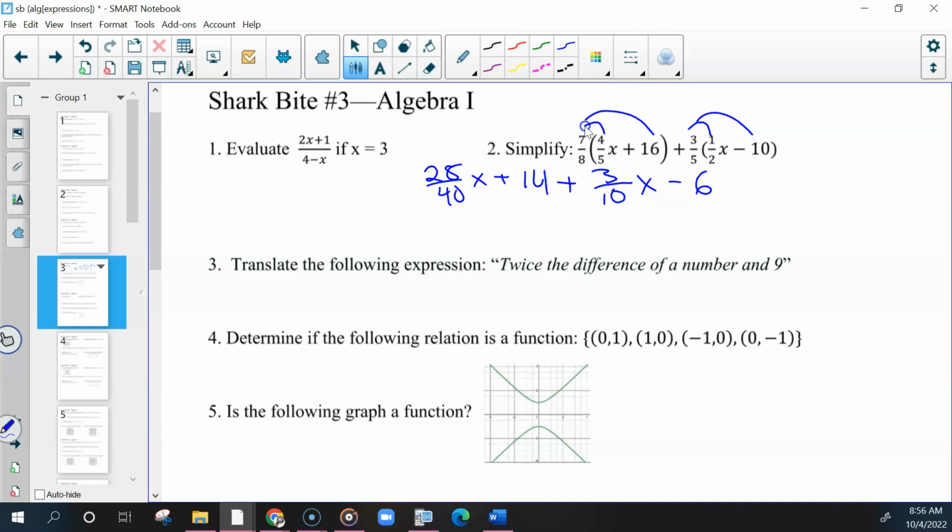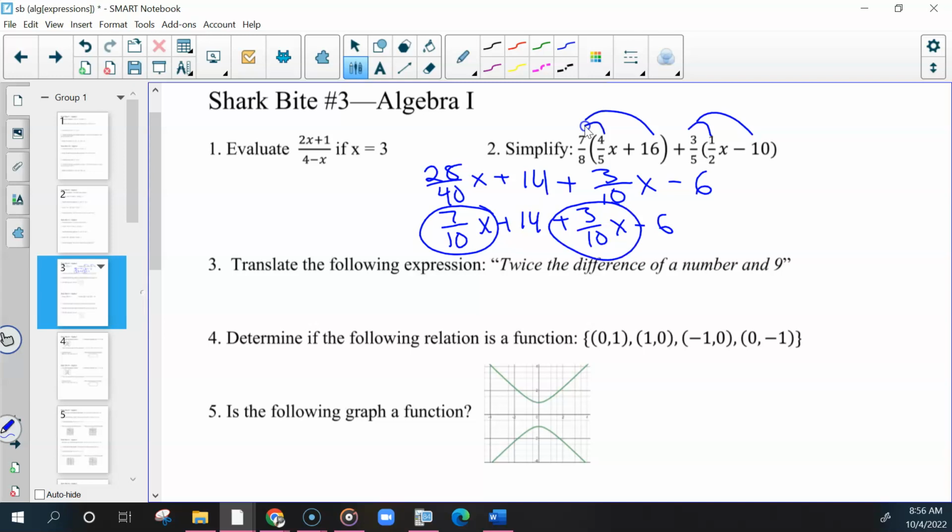Simplify anything you can. So the 28 over 40 would simplify to be 7 over 10. And then combine your like terms. We have x's, we have constants. If we are adding these two together, we're just adding our numerators.